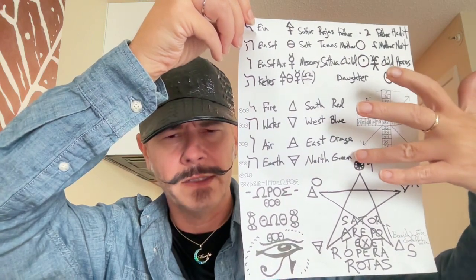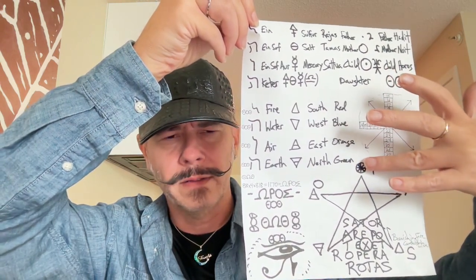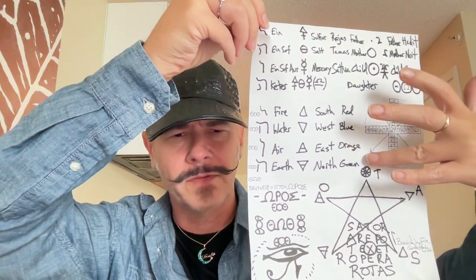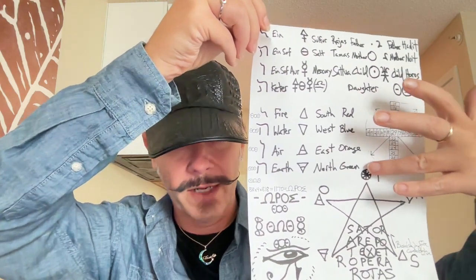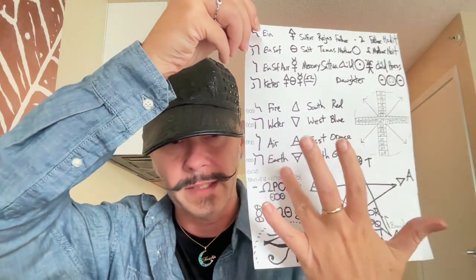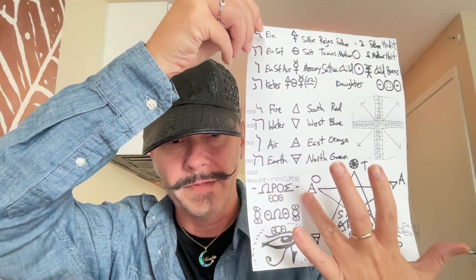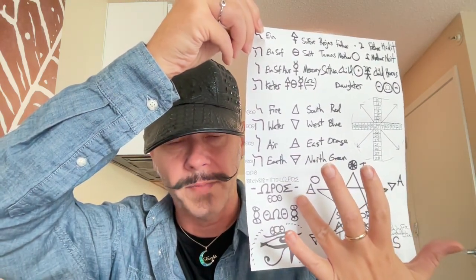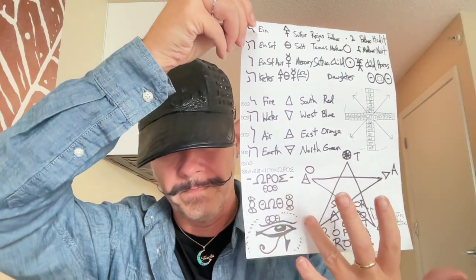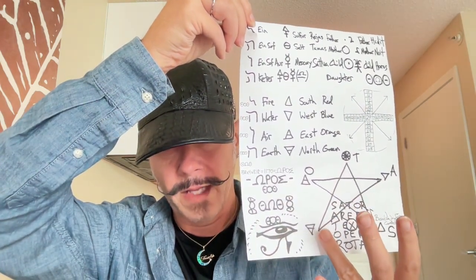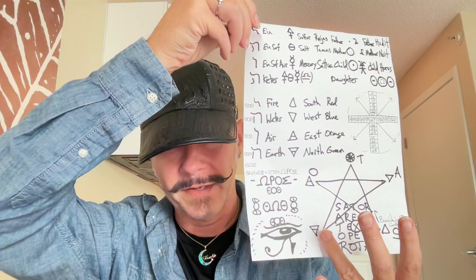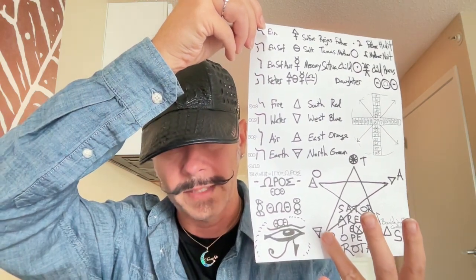And then the center apex point arm of the pentagram is, of course, spirit. You want that white as spirit, because that's the equilibration arm. And then the left top arm of the pentagram is air. And then as I said, the bottom left arm of the pentagram is earth.